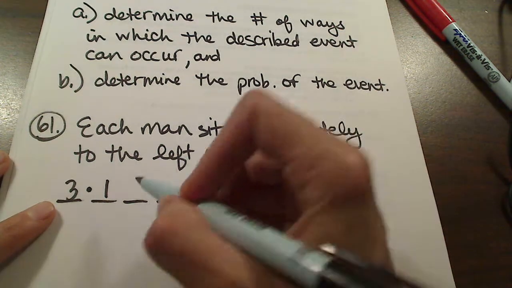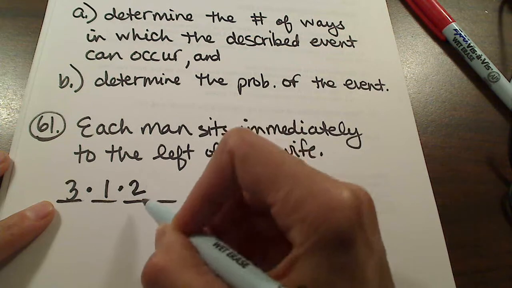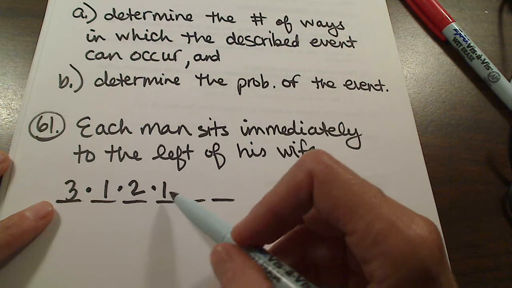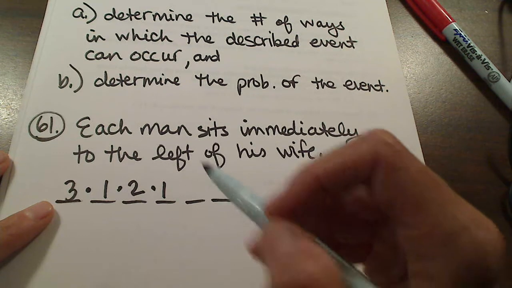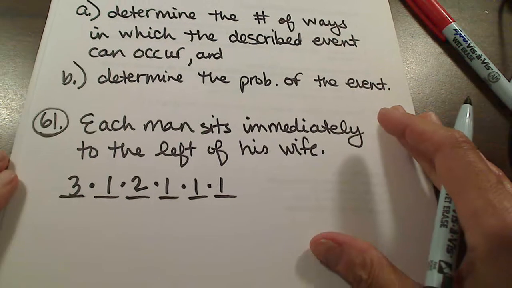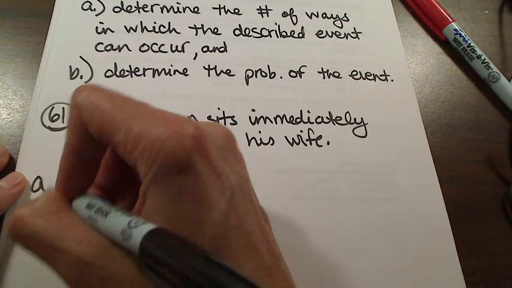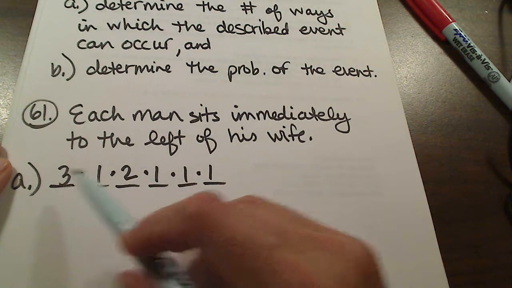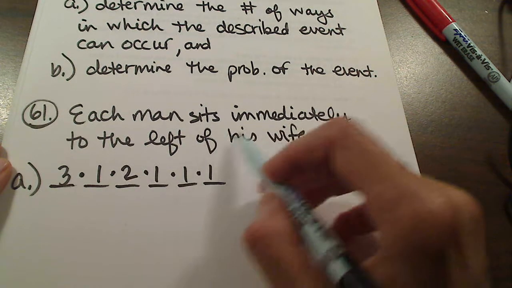Then we have 2 other ways to place the next husband, and again the wife will be sitting next to him, so only one way to choose that. Then there's only one way to place the remaining couple. This is part A, the desired situation for this scenario.